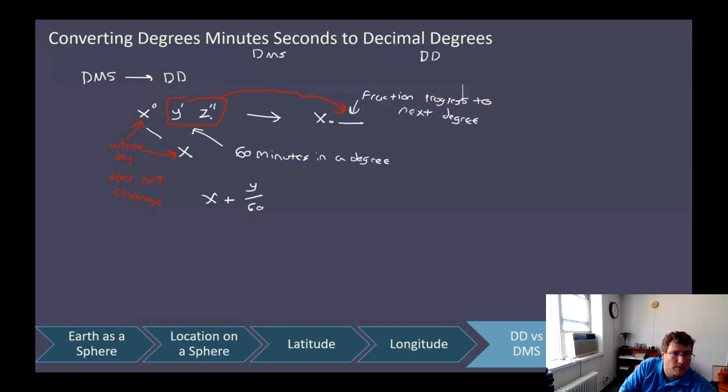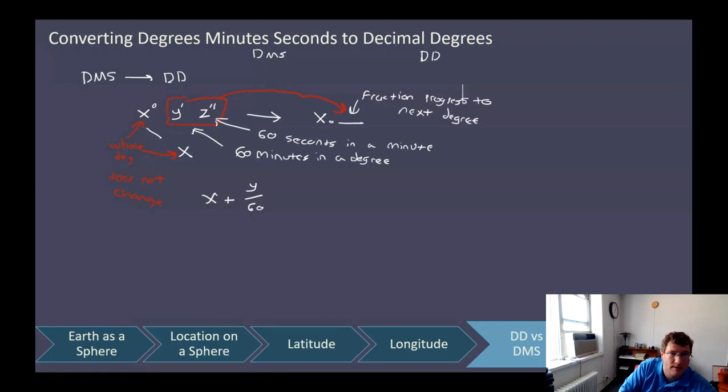We also know that we went some number of seconds into the next degree. By definition, there are 60 seconds in a minute.